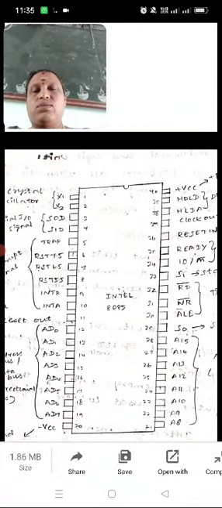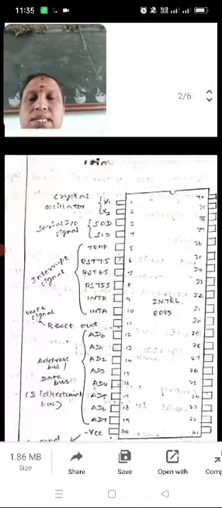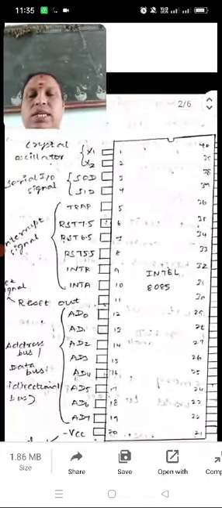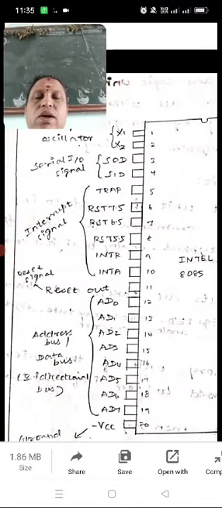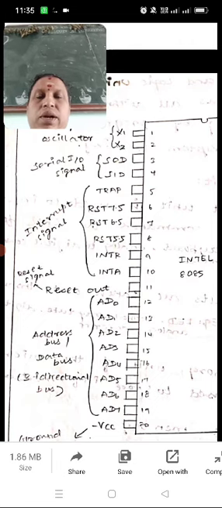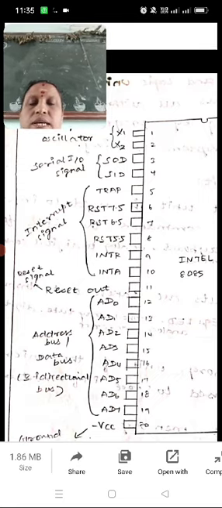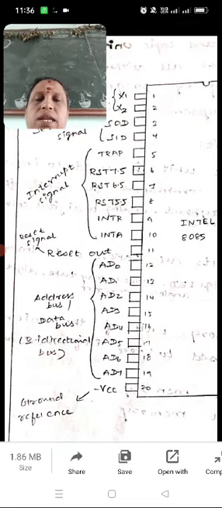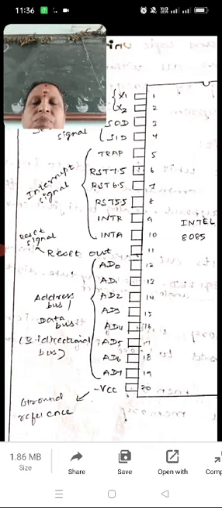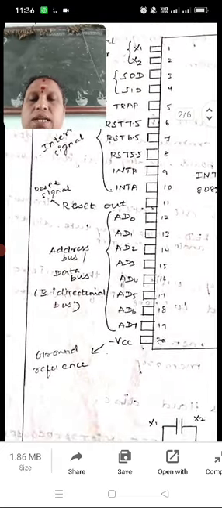X1 and X2 are the crystal oscillator pins. SOD and SID are serial output and serial input data. TRAP, RST 7.5, RST 6.5, RST 5.5, INTR, INTA are interrupt signals. The 11th pin is the reset signal, and AD0 to AD7 is the address bus and data bus.